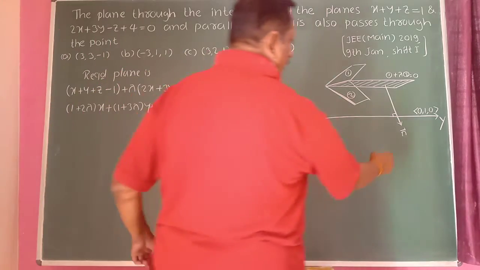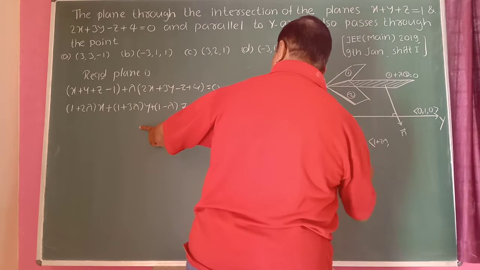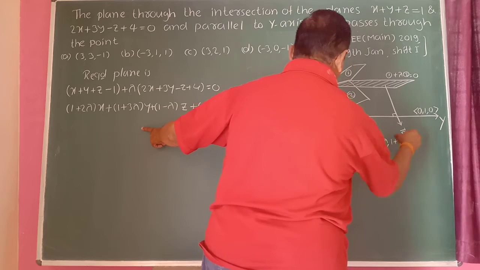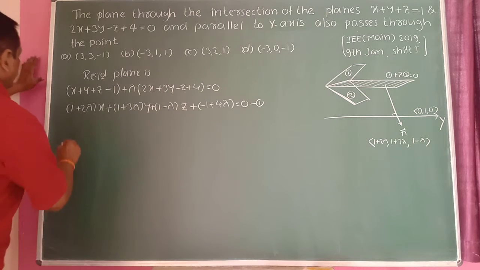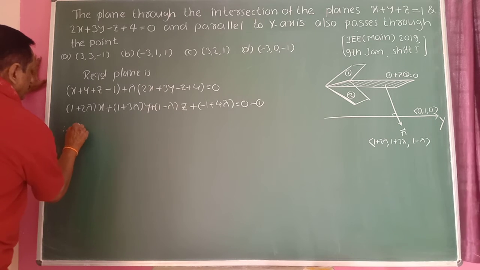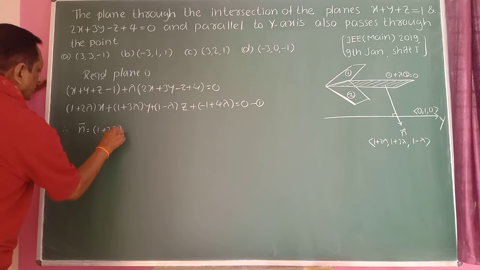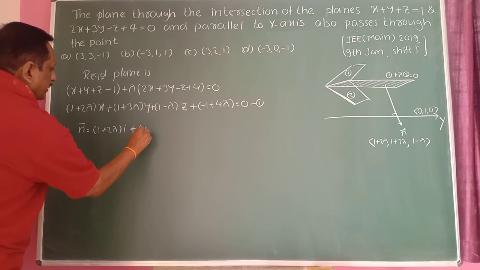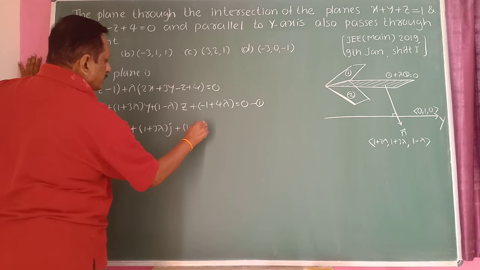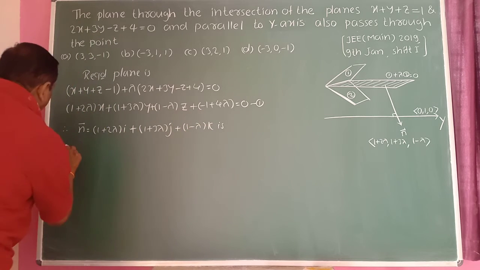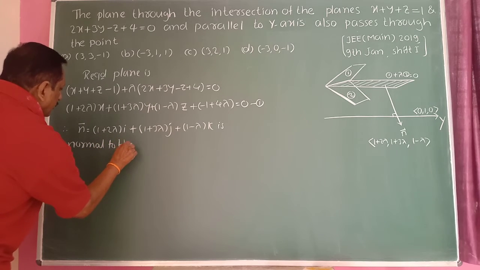Therefore n bar is equal to 1 plus 2 lambda into i plus 1 plus 3 lambda into j plus 1 minus lambda into k, normal to the plane.